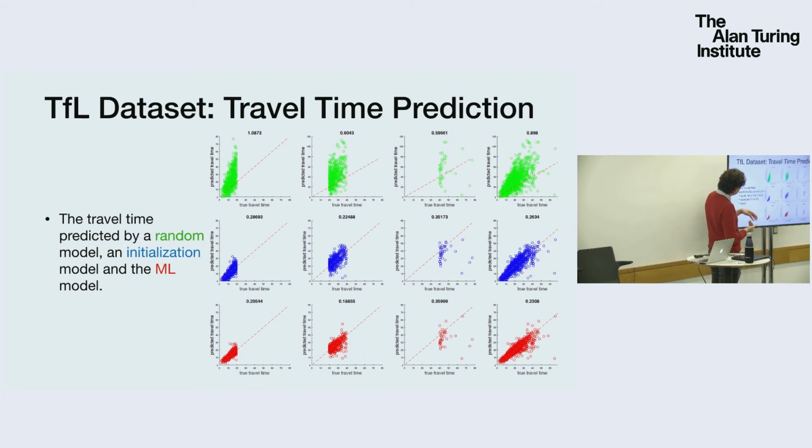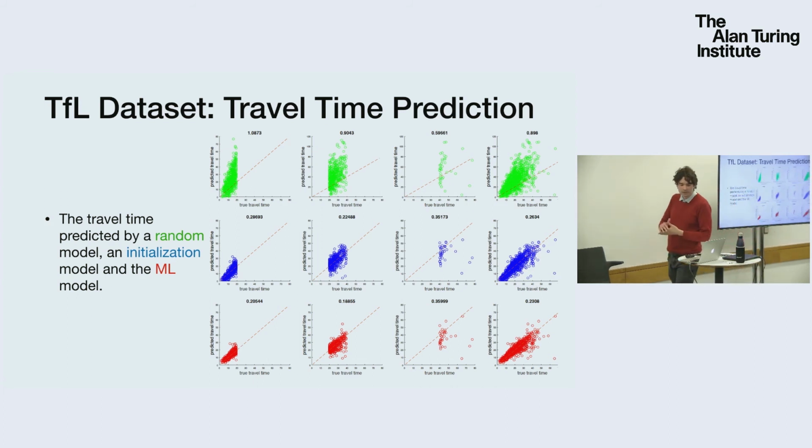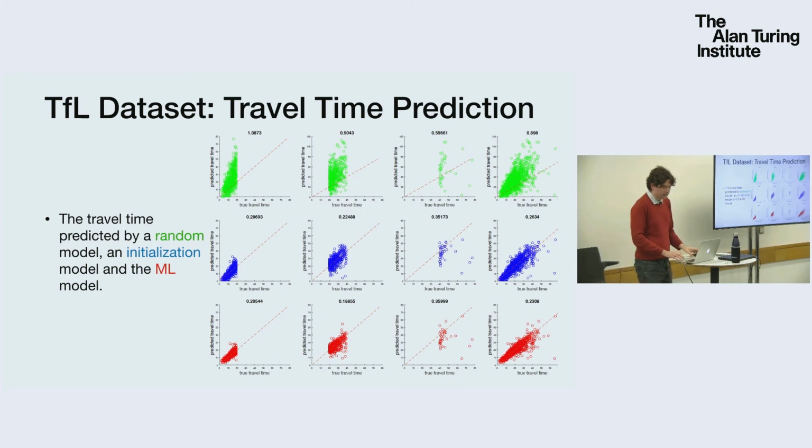This blue, let's ignore this blue, is kind of an initialization method that is based on the same model, but the optimization is done a bit differently. So there's a shortcut to fit the parameters of the model. That's what this blue guy does. This is computationally very cheap, but you can use maximum likelihood to refine that to get an improvement. It's less visible what the improvement is, but there is an improvement from combining the simpler, cruder way of fitting the parameters with the actual optimization of the likelihood function.